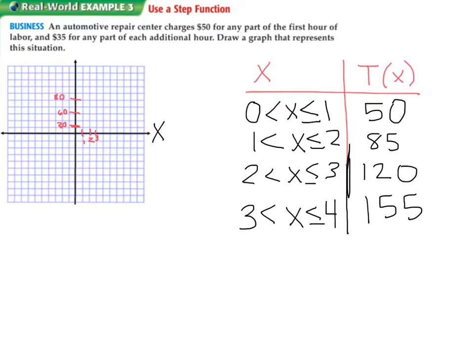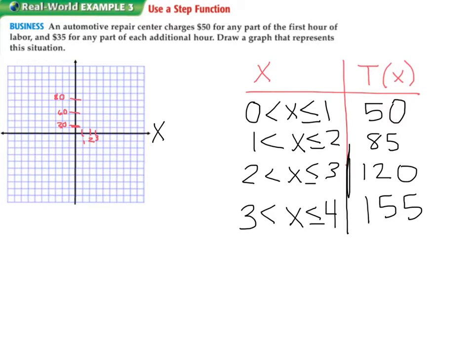So we have 20, 40, 60, 80, all the way up to 180. So if I look at 50, which is the amount of money they're charging me, that's going to be between 0 and 1. So if I find 50, which is about right here on my graph, then that's what I'm going to be drawing.